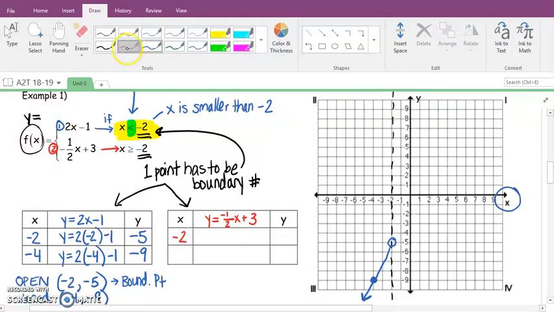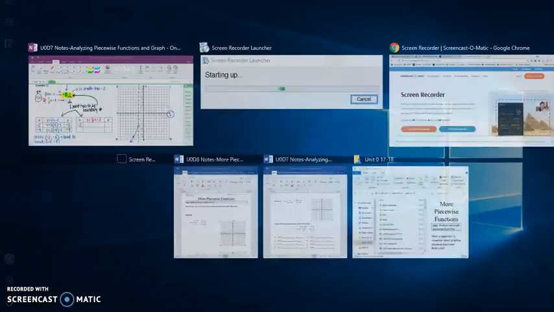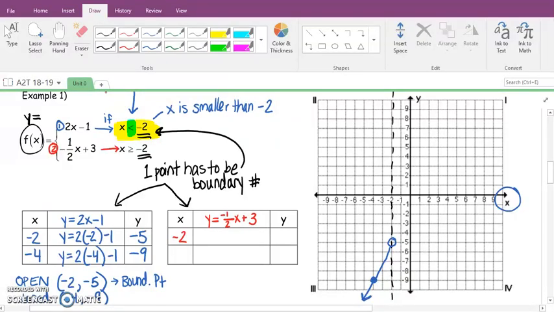Alright, and we'll do the same thing for our second equation. So I already picked my boundary point. Now I just need one other number. Alright, one other number, and at this time, take a look at this. It says x is greater than or equal to negative 2. So x is bigger than or equal to negative 2.